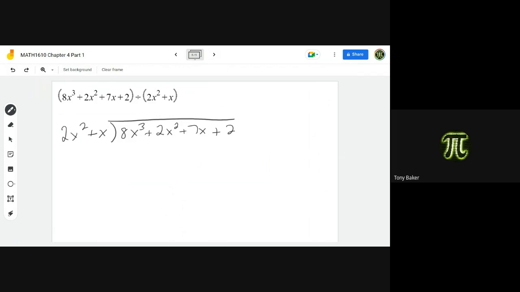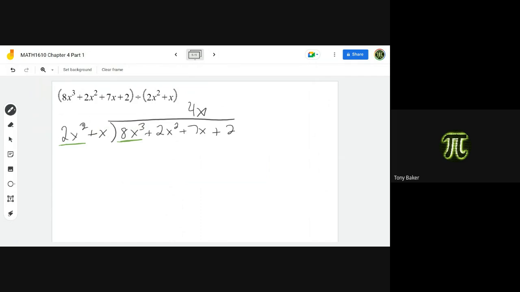All right, same concept as before. When I divide 8x to the third by 2x squared, what do I get? I get 4x. And notice I'm going to put it over the 4x. Now, let's multiply.